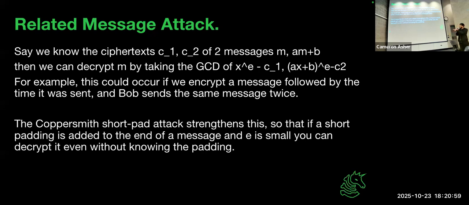And the Coppersmith short pad attack makes it so that if you have any two messages, and you know that they're the same, except at the end there's some padding that might be different, if the padding is sufficiently short and e is small, for example e is 3, which happens a lot in CTFs to make computation easier, you can just decrypt it without knowing the padding.